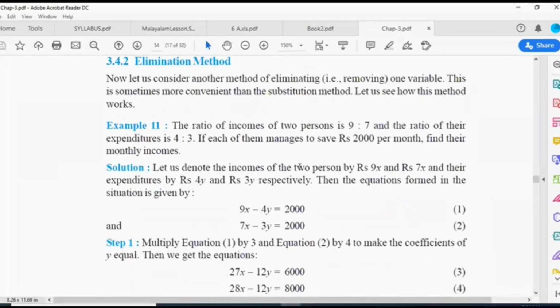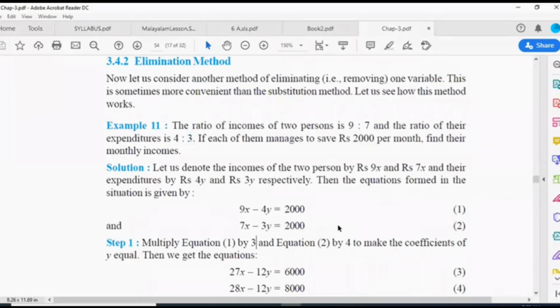If you subtract the expenditure from income, you get 2,000, because both of them have a balance of 2,000 every month. For the first person, from his income 9x, minus his expenditure 4y, you will get 2,000. So the first equation is ready. For the second person, his income is 7x and his expenditure is 3y. So 7x minus 3y is 2,000. Now we have the pair of equations.